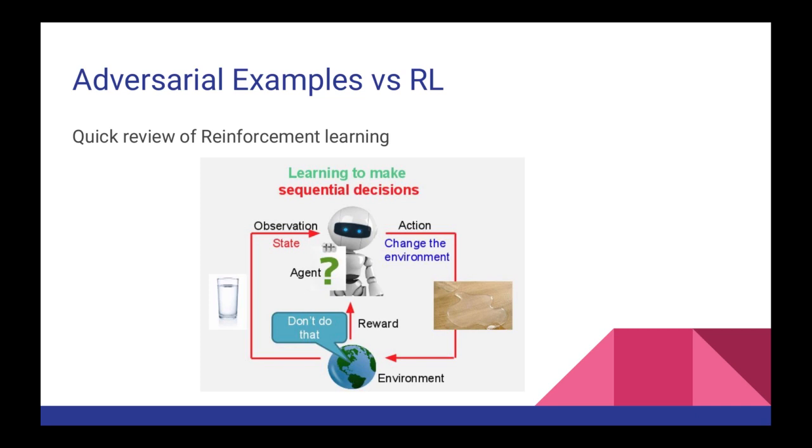So a reinforcement learner, an RL agent, performs an action in the environment, and that action changes the environment. The change in that environment is going to generate some sort of reward for that agent.